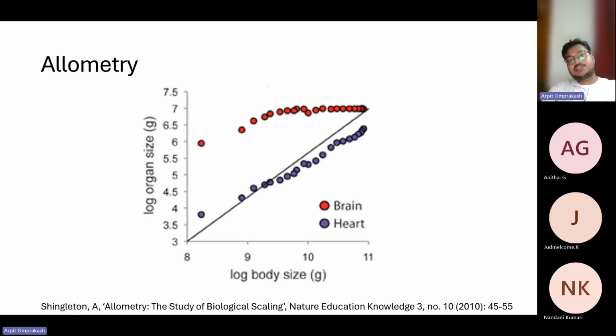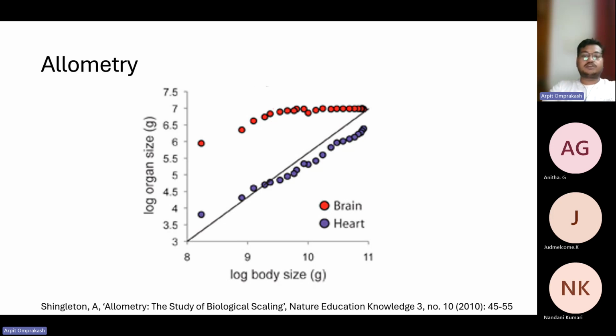Allometry basically is the study of how things in biology scale. For example, in this case, what we are looking at is how the size of an organ increases with the body size of an organism. So how does body size affect organ size?